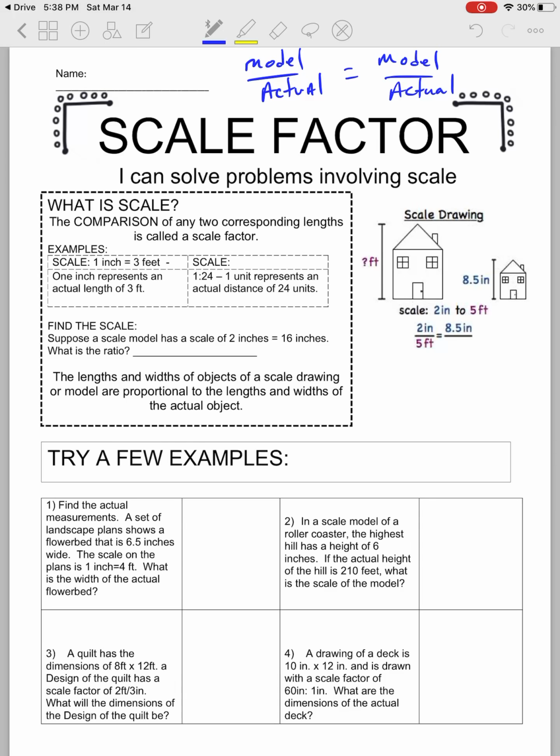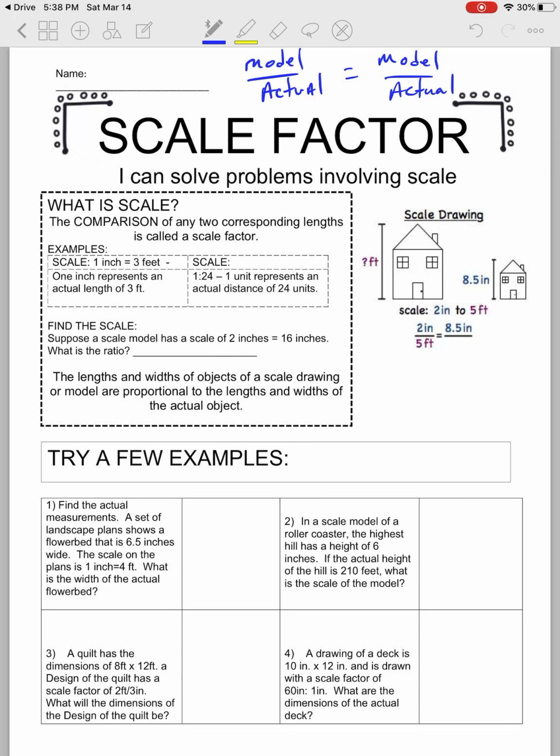Next to that, you see the scale 1 to 24. That simply means 1 unit represents an actual distance of 24 units. Below that, you'll see one more. It says find the scale. Suppose the scale model has a scale length of 2 inches equals 16 inches.